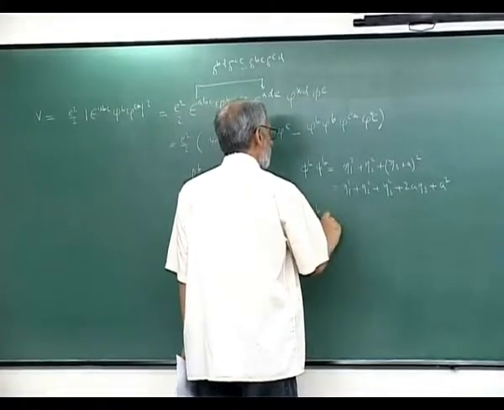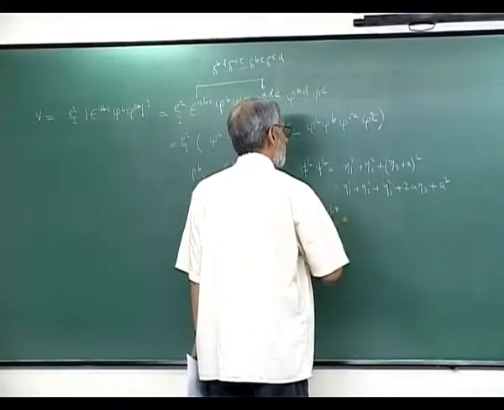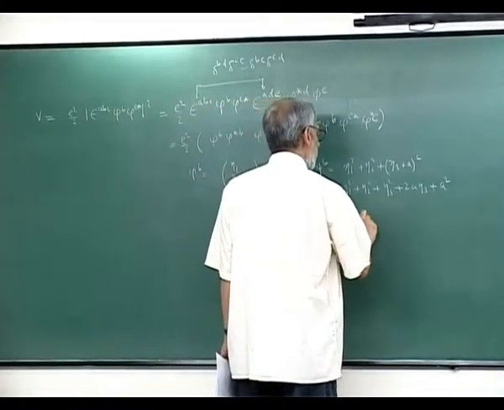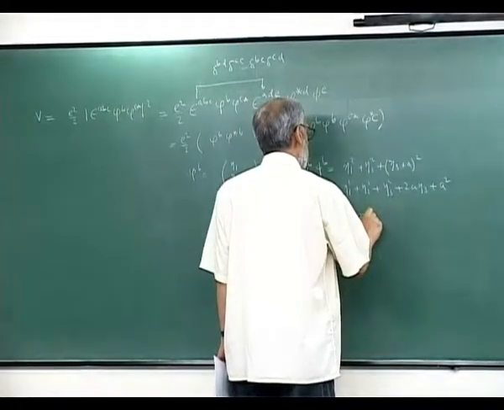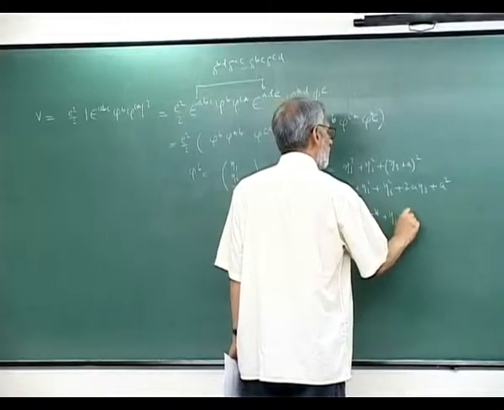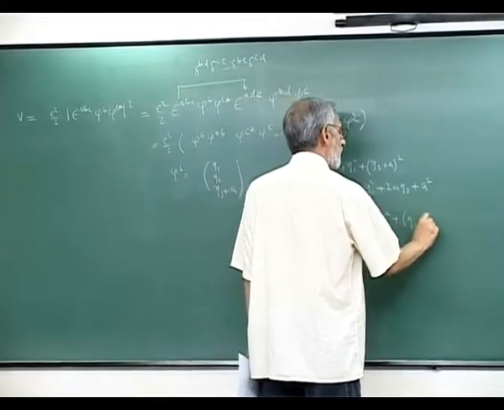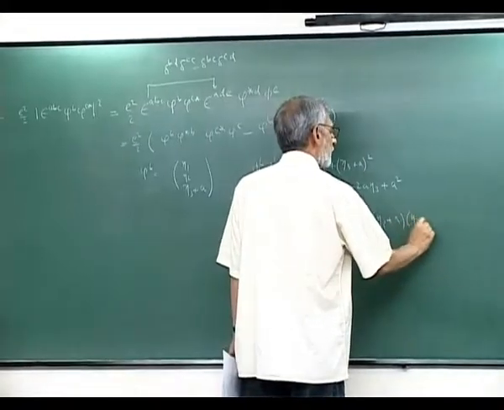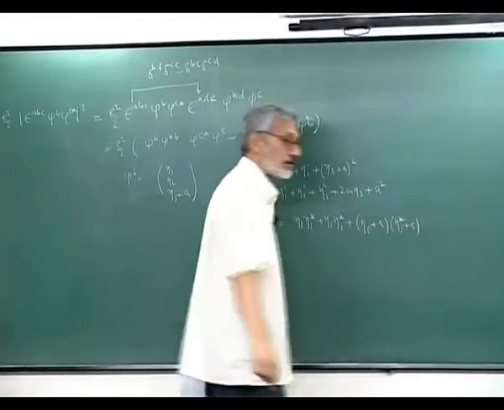And phi B star is eta 1 times eta 1 star, eta 2 times eta 2 star, plus eta 3 plus A, eta 3 plus A star.